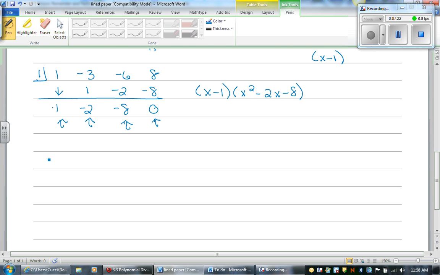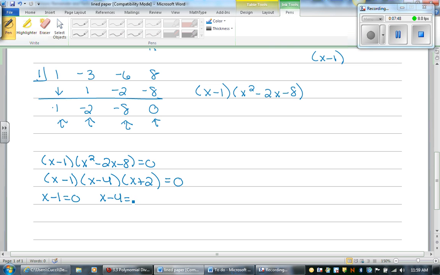Okay, so what I need to think about is, can I factor my trinomial x squared minus 2x minus 8? And I know that I can. We've got x minus 4, x plus 2. Now the goal of this was to set my function equal to 0 and solve it out. And now that we have it completely factored, it's very simple to do that.